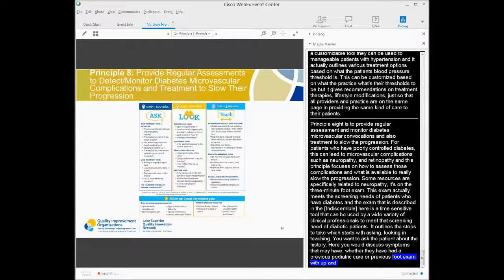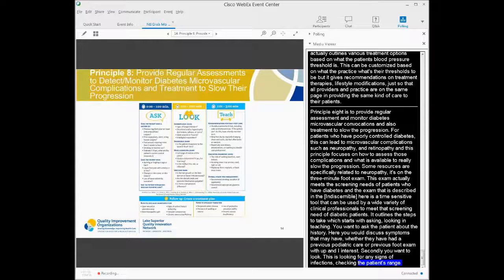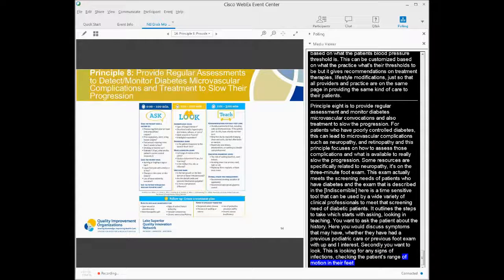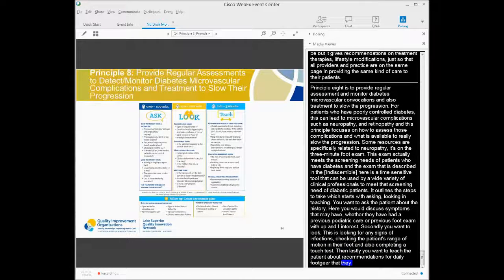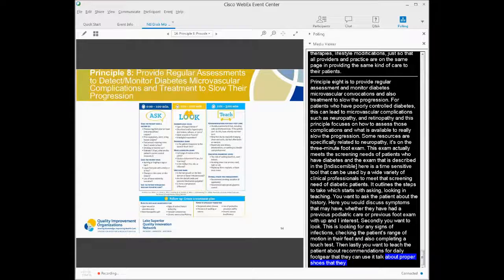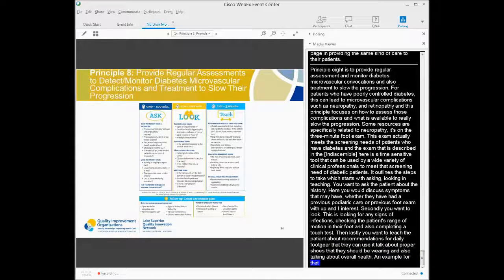So this is looking for any signs of infection, checking the patient's range of motion in their feet, and also completing a touch test. And then lastly, you want to teach the patient about recommendations for daily foot care that they can use, talk about proper shoes that they should be wearing, and also just talking about overall health. So an example for that would be providing smoking cessation to the patient if they are a smoker.